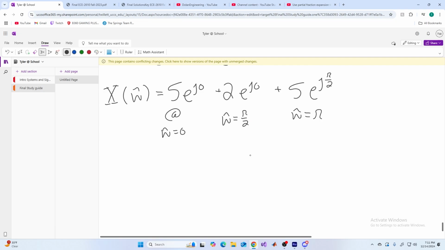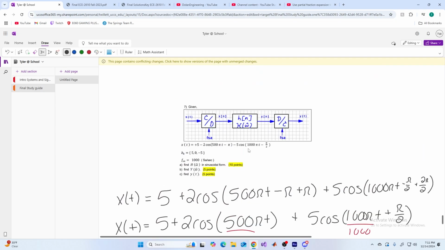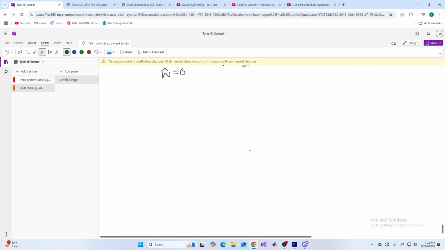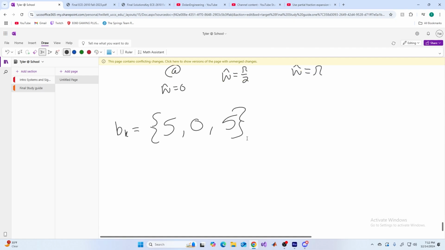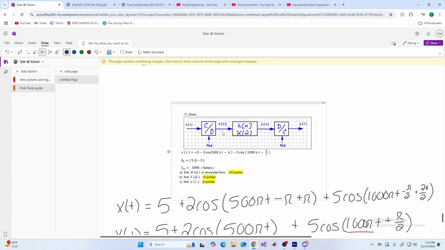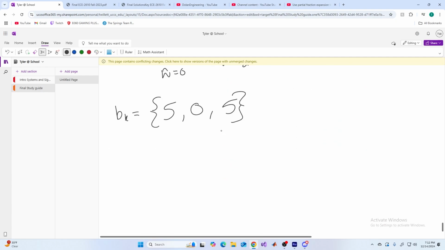So let's find h sub w hat using our b sub k. So b sub k equals 5, 0, negative 5. I want to double check this, make sure I didn't write it down wrong. Negative 5. Perfect. So we can write this as 5 e to the j w hat and whatever n is attached to it.